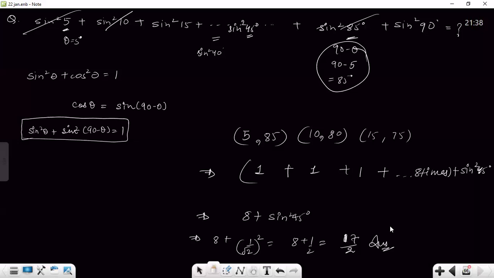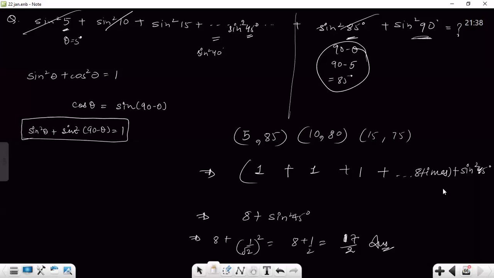Any doubts? One more thing to notice here is that the starting and final points considered are 5 and 85. What will happen with 90?